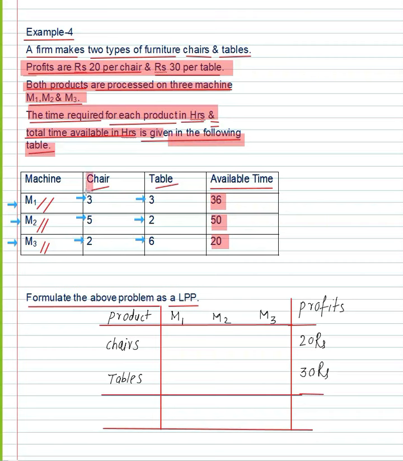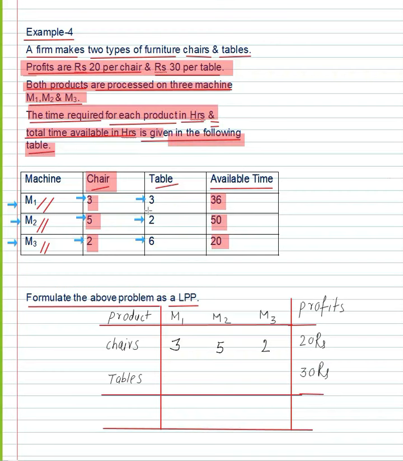Now each chair requires 3 hours on machine M1, 5 hours on machine M2, 2 hours on machine M3.